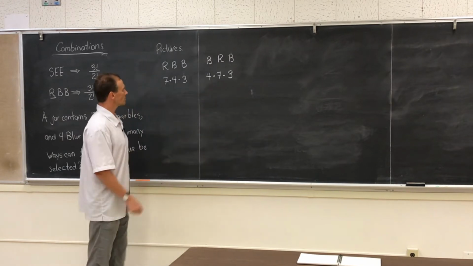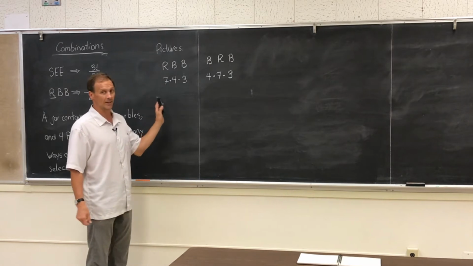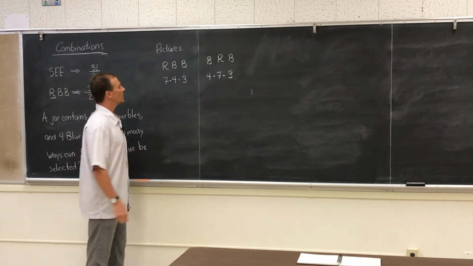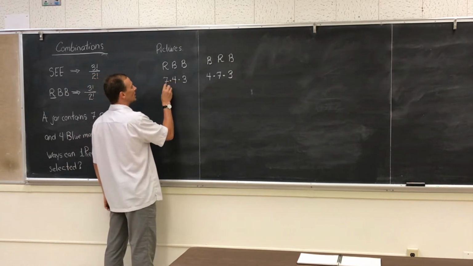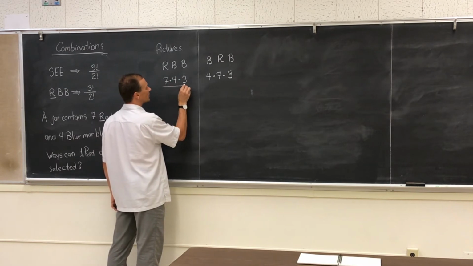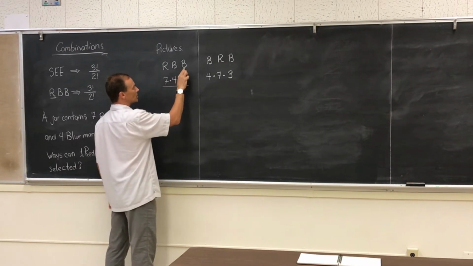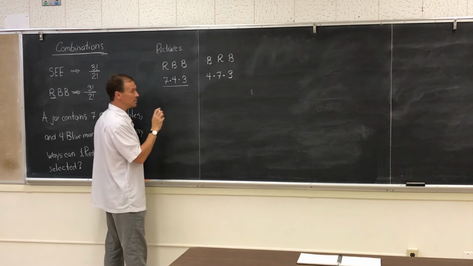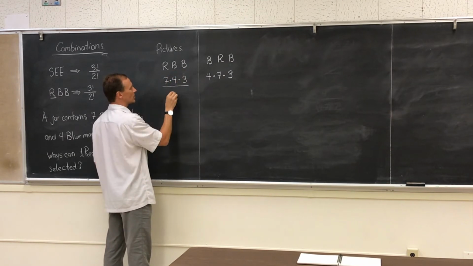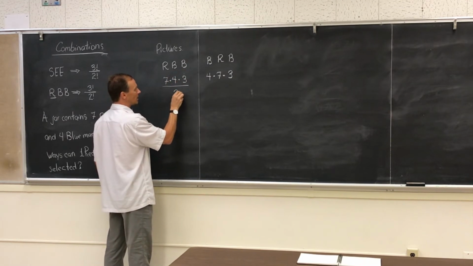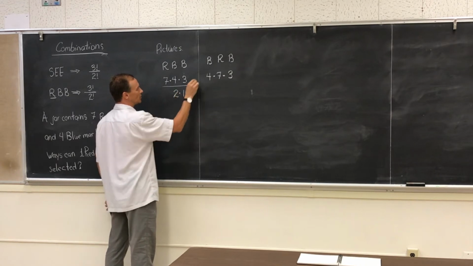Now, the next thing, we're not done, that's not quite the answer. The next thing you need to remember is that you have a repeat of the B's, because this is just a word. And so you would need to divide by 2 factorial, which is 2 times 1.